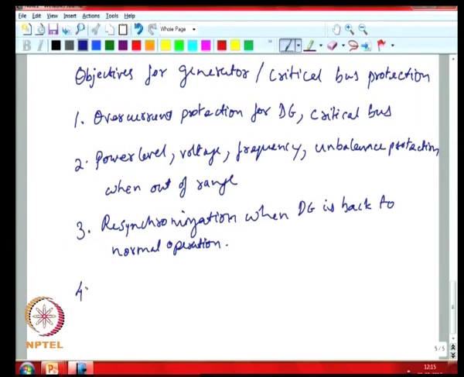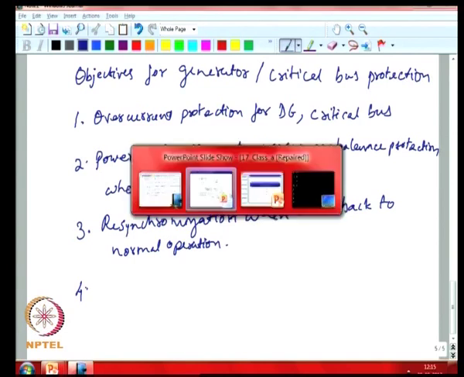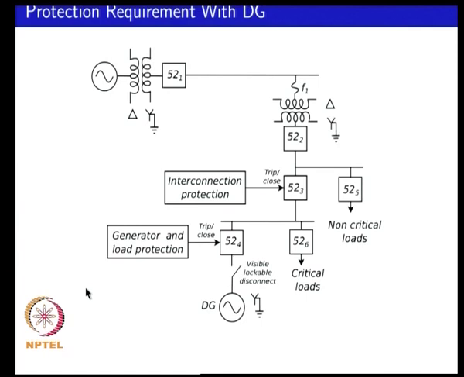Another important aspect might be, if for some reason your system has gone down due to a blackout and your breaker, say 52.3, is open, then if you are able to start the DG, after starting the DG you might be able to close 52.4 to give a black start for your critical loads.